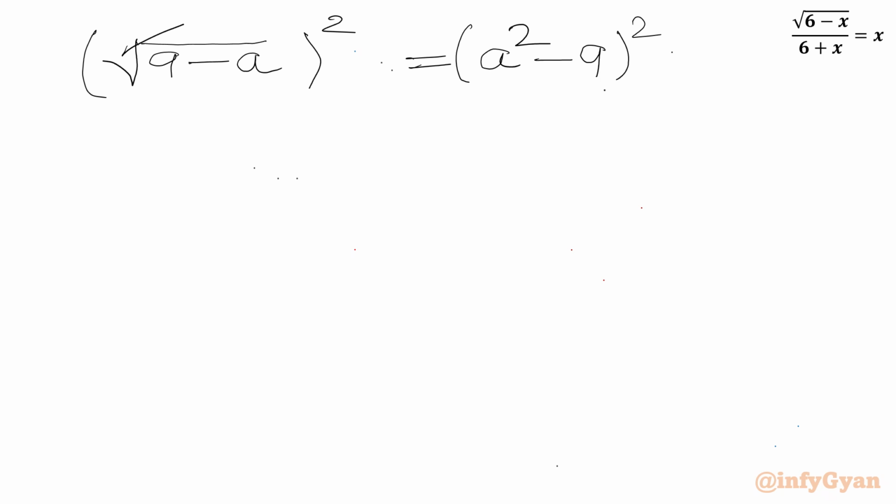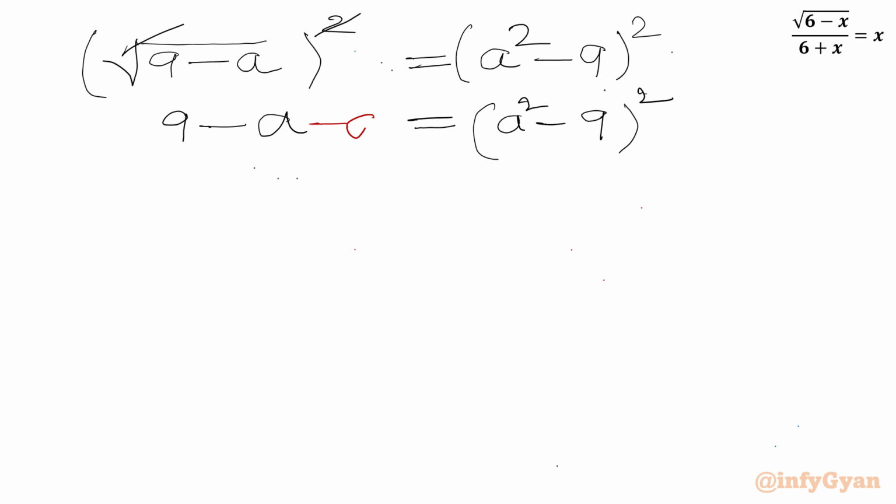So square root and square will be cancelled out from LHS. We will write 9 minus a. This will be equal to a square minus 9 whole square. Now I will subtract a square from both the sides. So I will write here minus a square, and this side also will write minus a square.